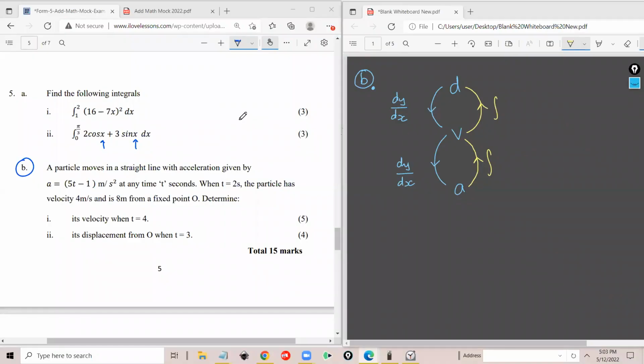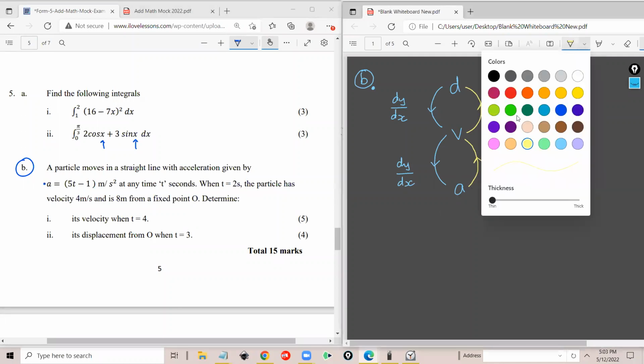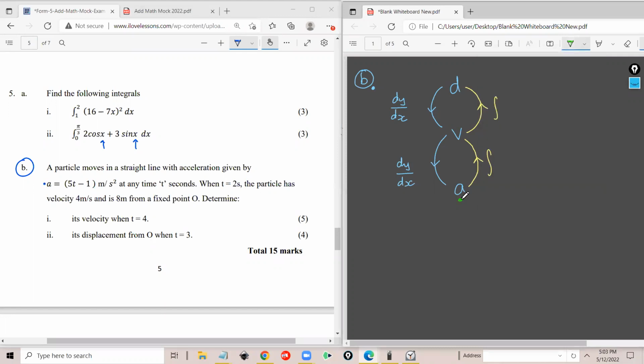You all notice that they gave you the equation for the acceleration. So right now, you're down here, A is for the acceleration. But in part 1, they're asking about the velocity. So to get the equation for the velocity, you're going to have to take this expression and integrate it.